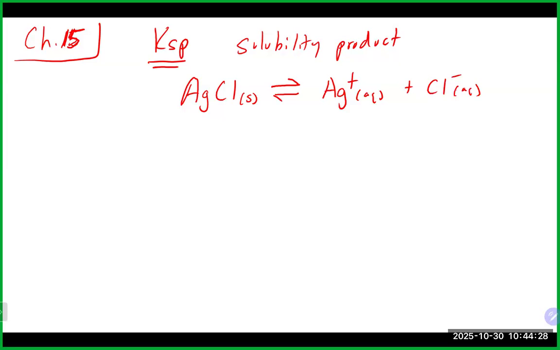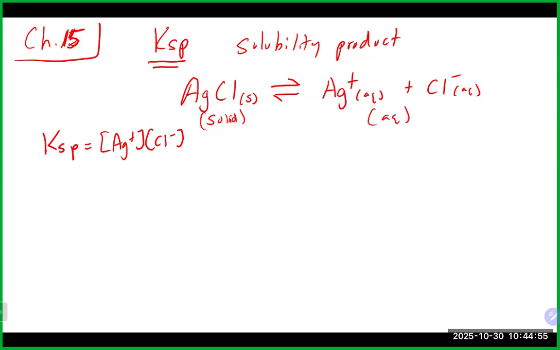And that sets up the equilibrium, which is where we get our KSP expression from, which in this case would be our silver concentration times our chloride concentration. That is usually the case for KSP expressions. It really is usually just the products, as these reactions are always written with the solid on the left and aqueous ions on the right.